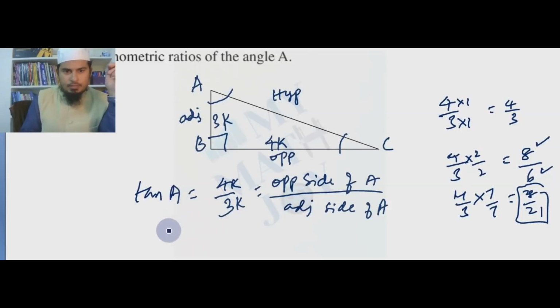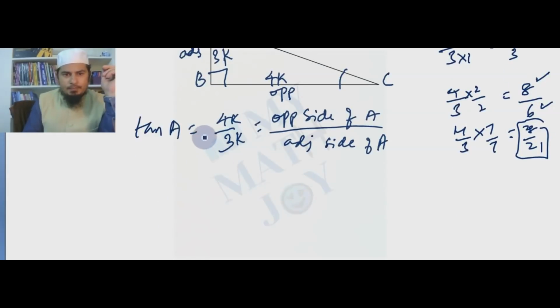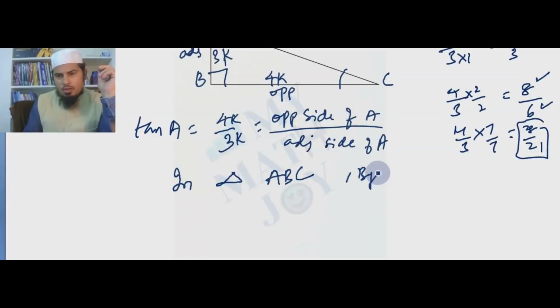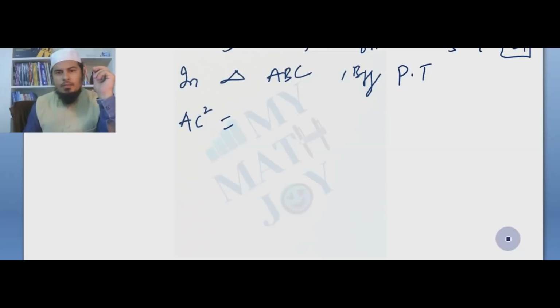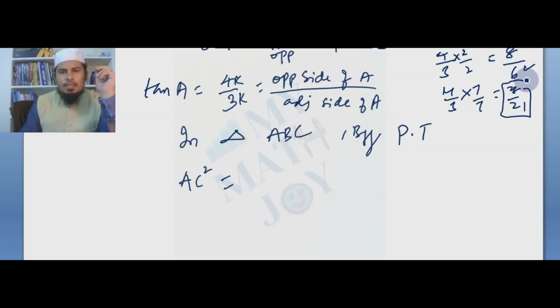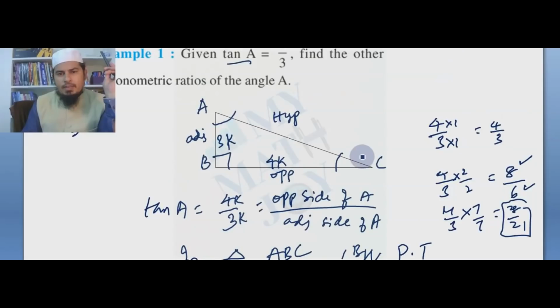Now in triangle ABC, by Pythagoras theorem, what is going to happen? AC square is equal to AB square plus BC square, as in this right angle triangle.